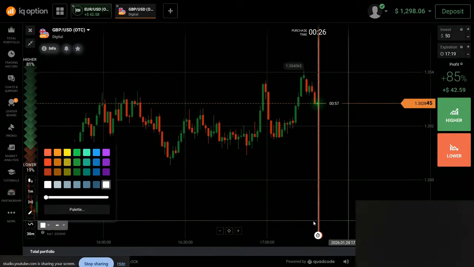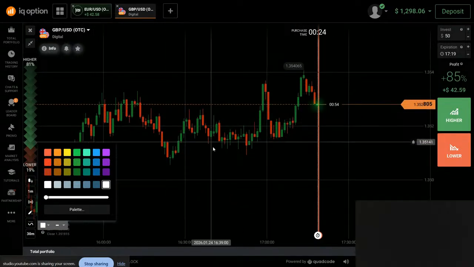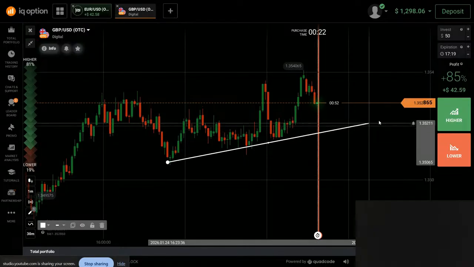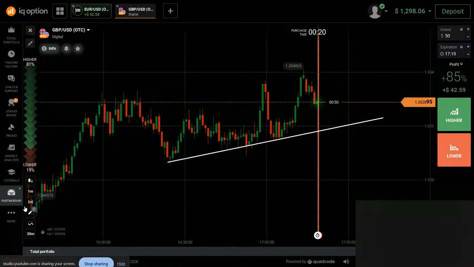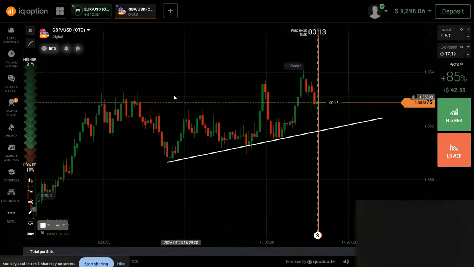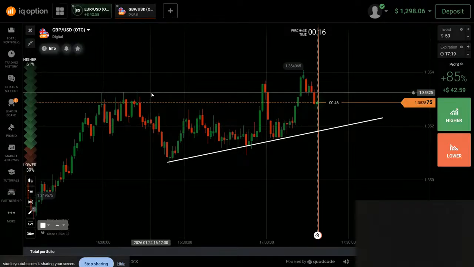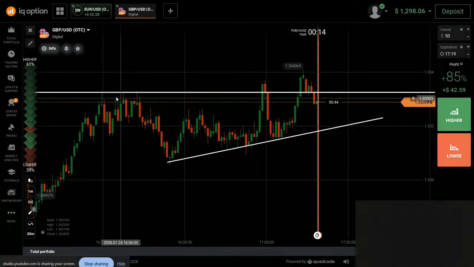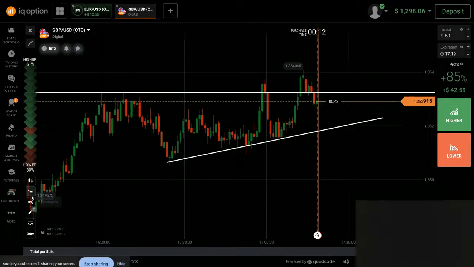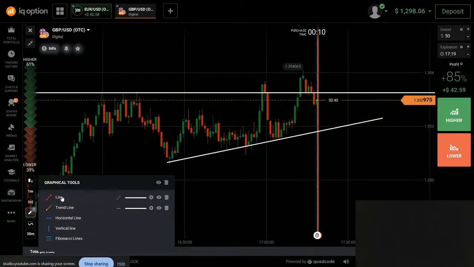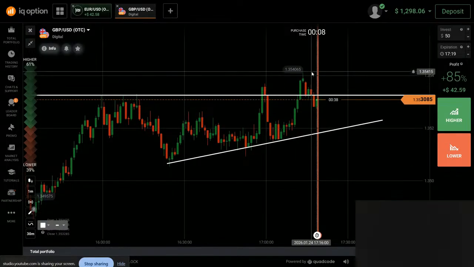This is the market scenario. We will draw a trend line. This is a minor trend line where the market is moving in an upward direction, and this is a strong resistance line. This point is a strong resistance line. This is the highest top of the market.